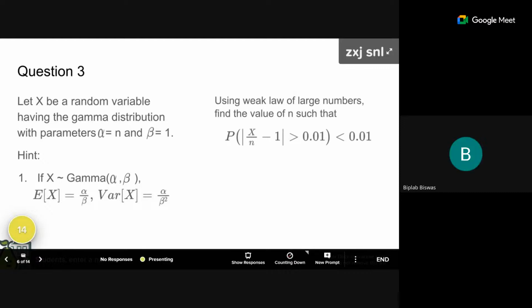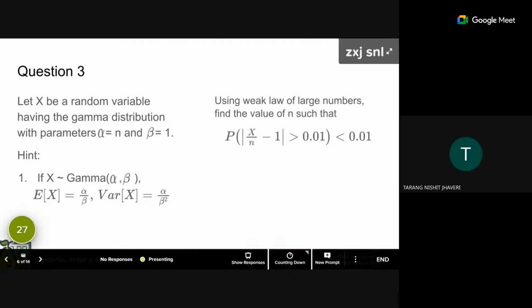And this is given as alpha by beta, right? Yes. Ma'am, it is 100,000. I'm getting 10,000.